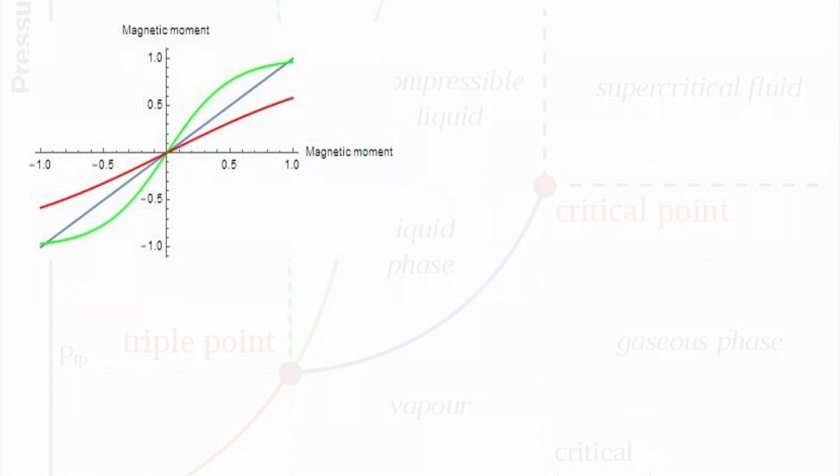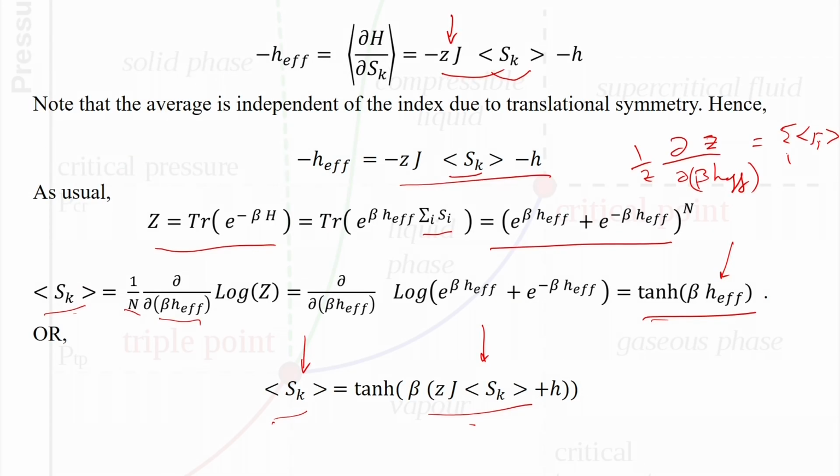There is some interesting physics going on here. If you switch on a magnetic field, you certainly expect a magnetization. You expect the average of s to be non-zero when there is a magnetic field.